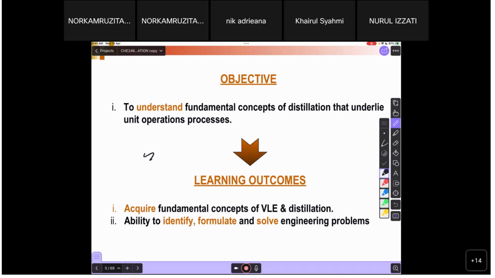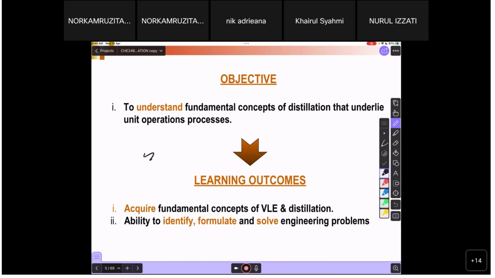In our case, for distillation, we are only dealing with a binary mixture, meaning that you have a mixture of component A and component B. I believe that you have learned about material balance. Now the material balance is applied in this chapter.